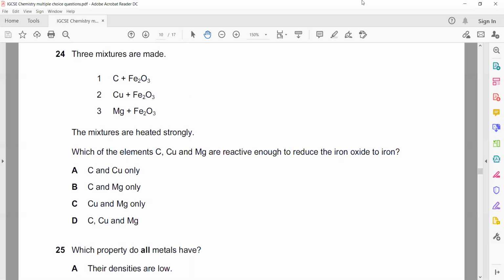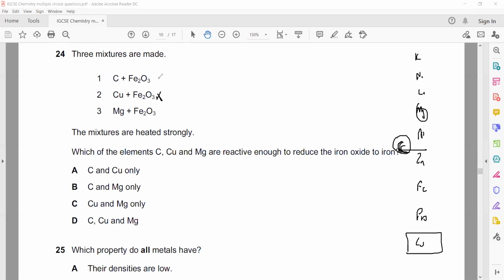So copper is below carbon in the reactivity position. It is between aluminum and zinc. So carbon is above, magnesium is above iron, but copper is below iron, so copper cannot displace.